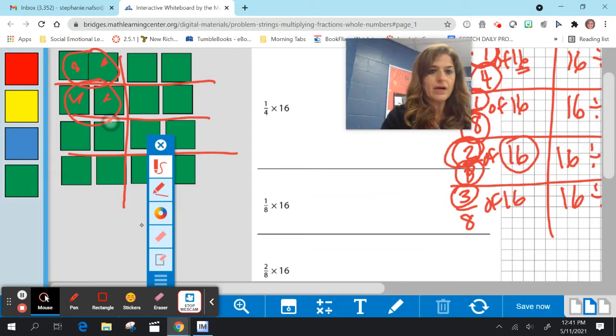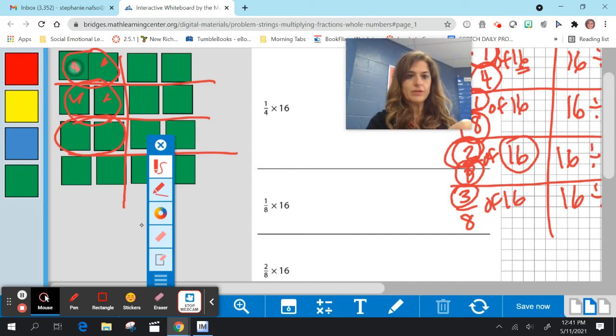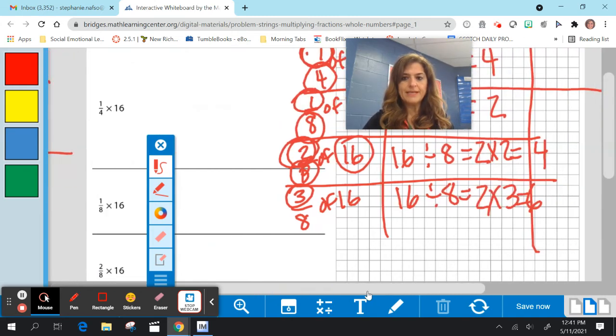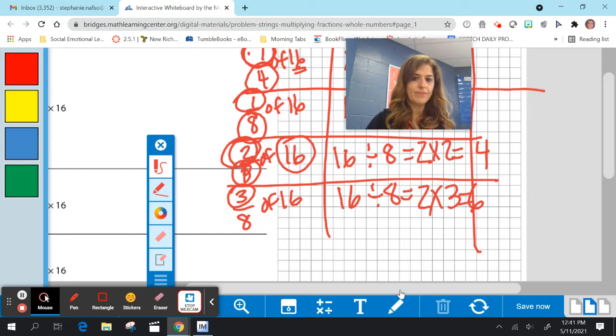Now we have 1/8, 2/8, now we have 3/8. So 3/8 is 1, 2, 3, 4, 5, 6 tiles. 3/8 of 16 is 6.